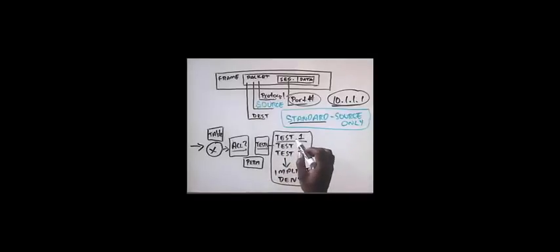If there is no match to the first line, the packet is compared to the second line. If there's a match there and it says permit, the packet's sent. If there's a match and it says deny, then the packet will be dropped. If there is no match to that packet in that particular line, then the packet will move to be compared to line 3. If there's a match and it says permit, it's sent. If it says deny, it'll be dropped.